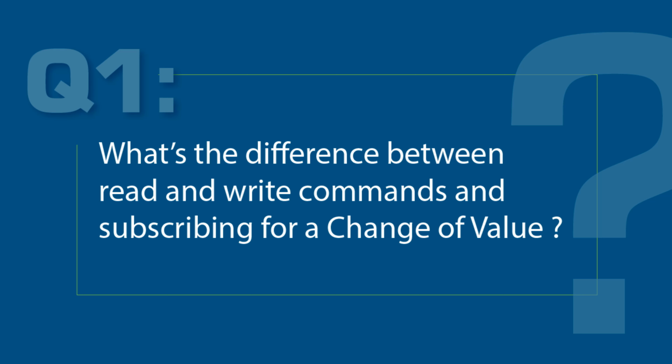So I thought we can make this maybe a two-parter. First of all, what is the difference between read and write commands and subscribing for a change of value for those that may not understand the difference? And then as a part 2, for the non-BACnet experts, what should they go looking for to change that?